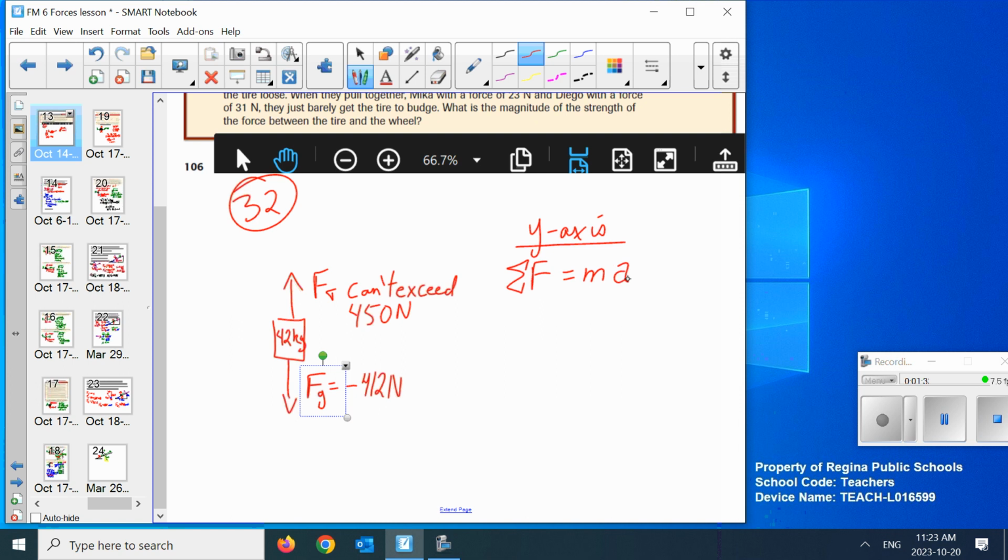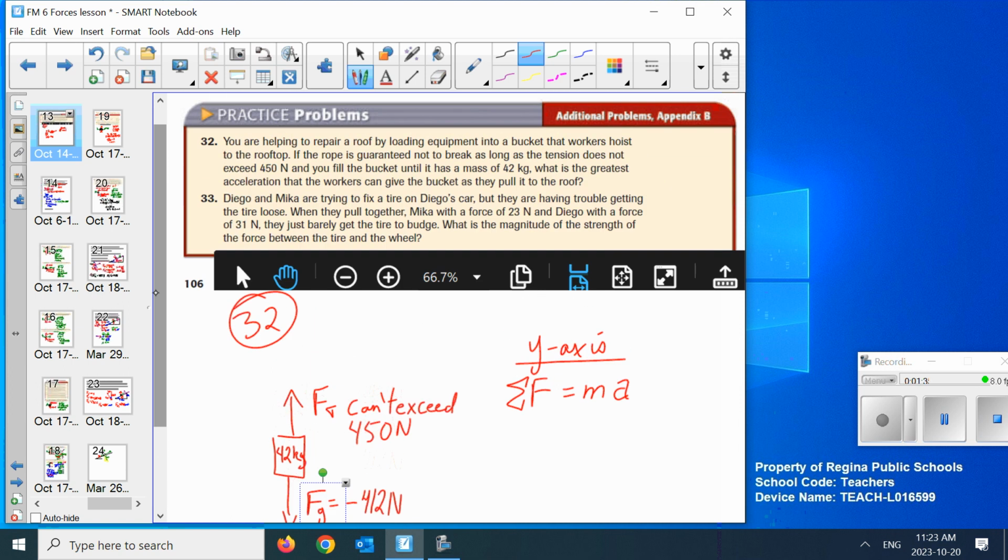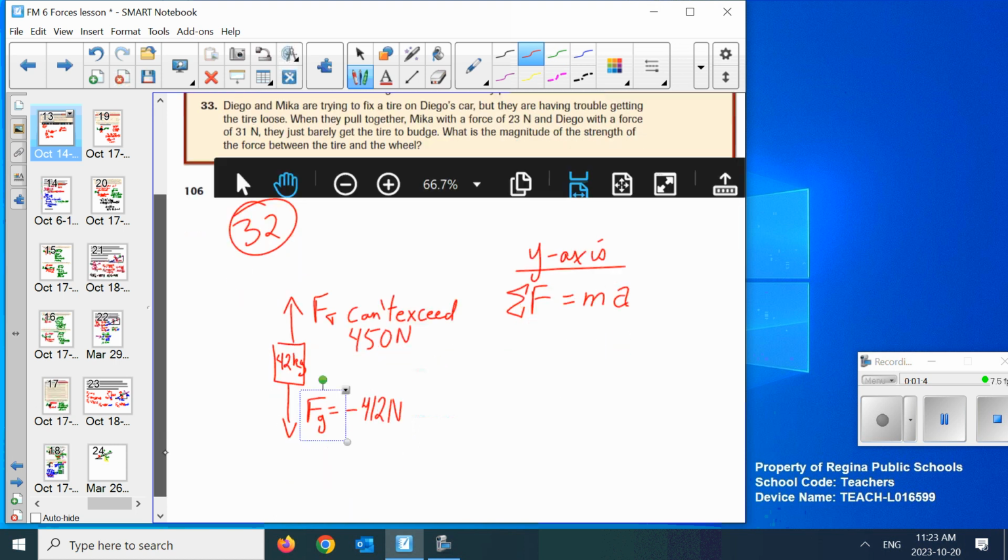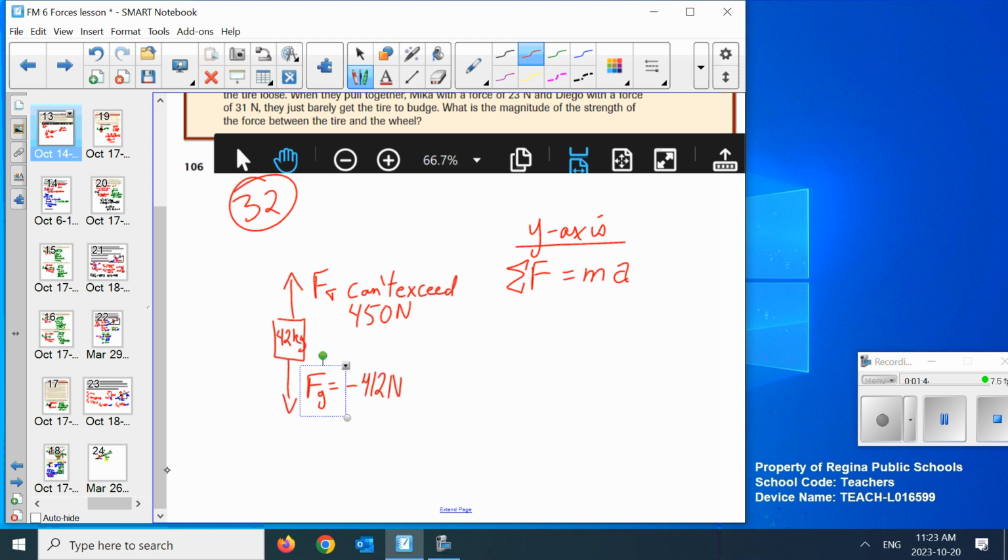And we're asked about the acceleration: what's the greatest acceleration the workers can give the bucket as they pull it to the roof? So we've got the sum of the forces: the Ft with the direction included, the tension, plus the Fg, which will be negative, equals mass times acceleration.